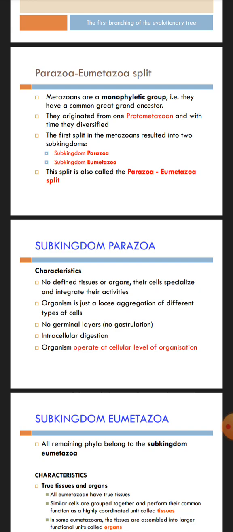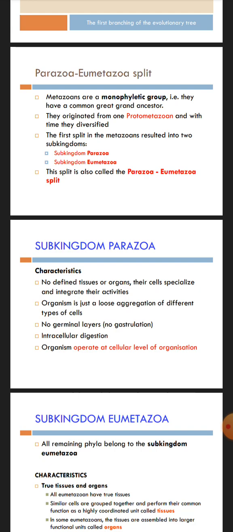So there are two subkingdoms of metazoa. Some animals are living under the subkingdom PARAZOA, while other animals are living under the subkingdom EUMETAZOA. So what are the characteristics of PARAZOA?